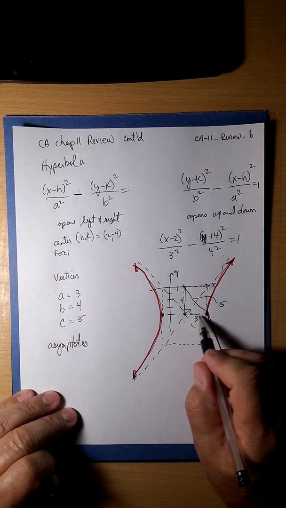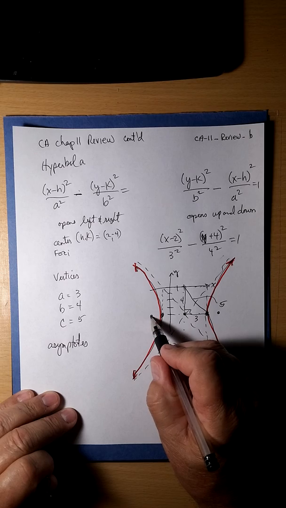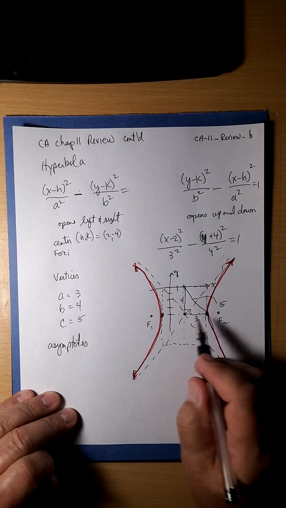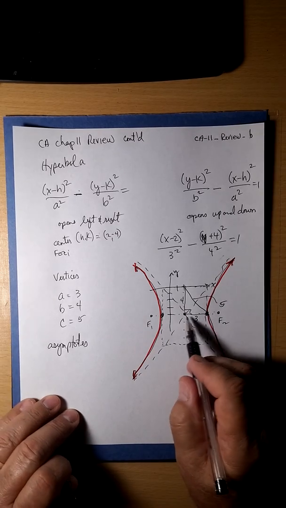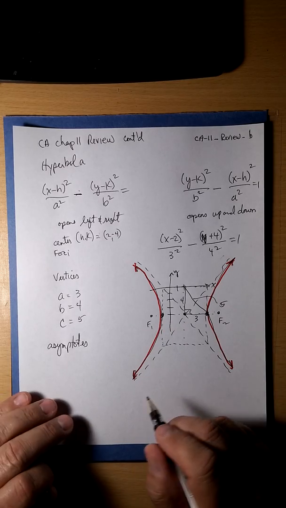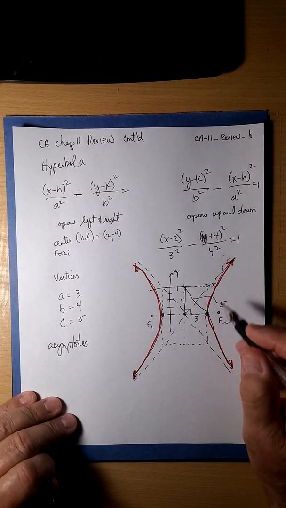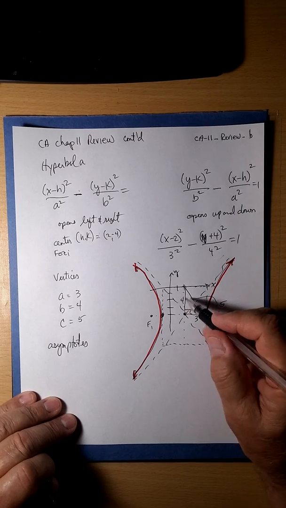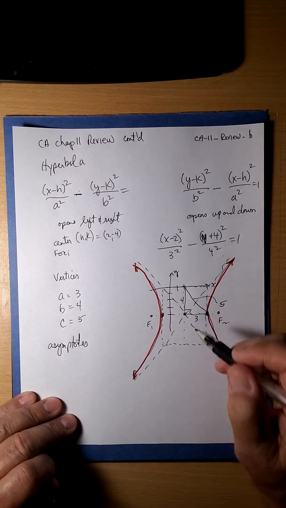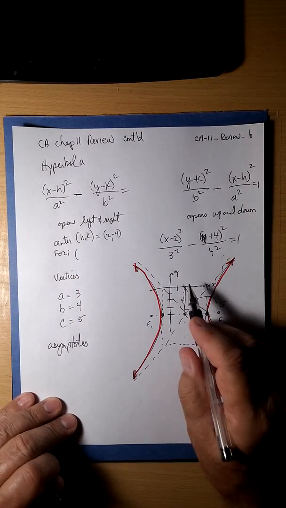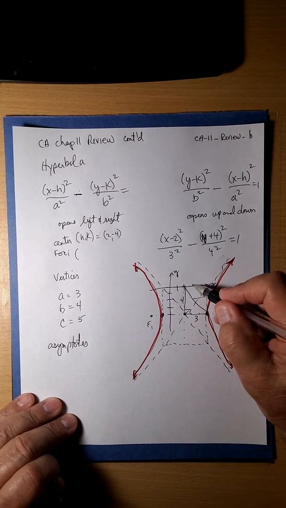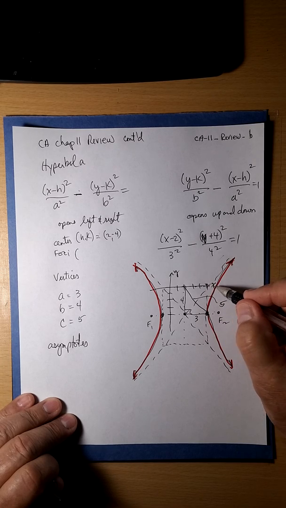The 5 relates to the foci, because inside the curve are the foci. This is 2 more units to the right. This is 2 more units to the left. You go 5 units to get to the foci. So what are the coordinates of the focus? Remember, this is always going to be the same y value, negative 4.